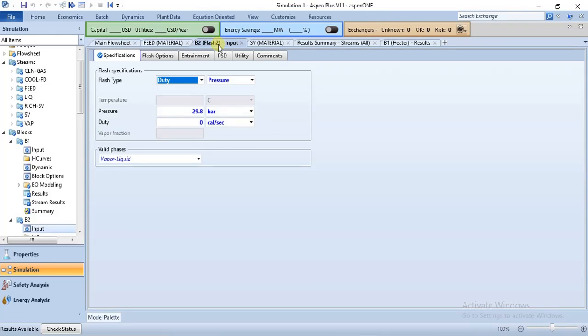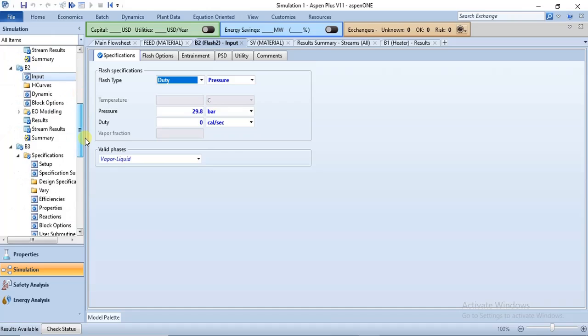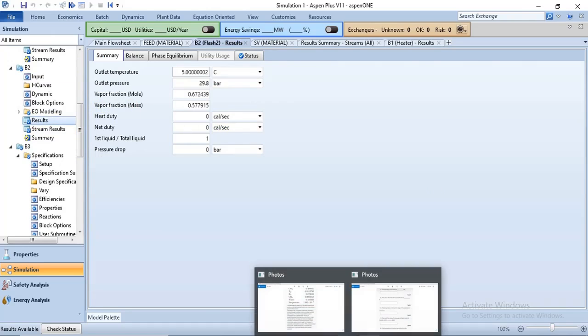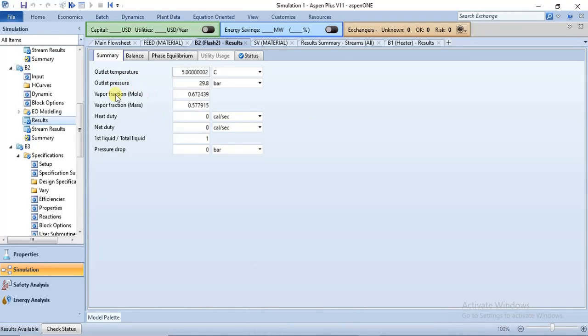In B2, you still go to results, and you have your vapor fraction. Let's confirm which one they are looking for. The molar vapor fraction, the vapor fraction in mole, is 0.672439. So that is the answer for that one.